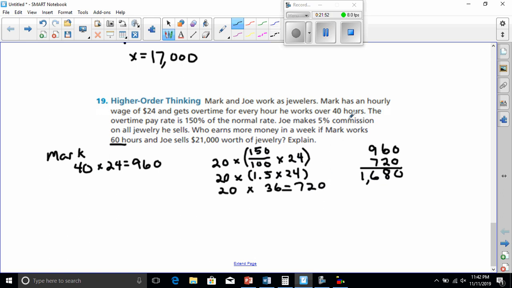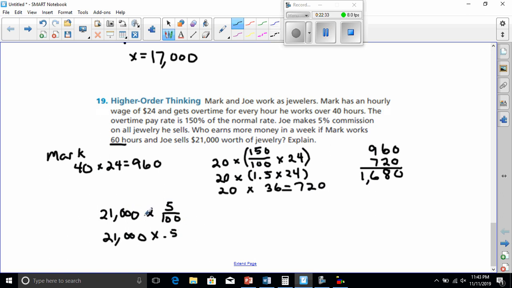Joe makes 5% commission on his jewelry, and he sold $2,100. So that's $2,100, or $21,000, excuse me. He's going to be multiplying that by 5% commission. So that's 5 out of 100. Well, we could do that, or we could just say that it's going to be $21,000 times 0.5.